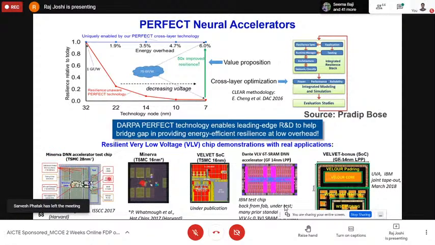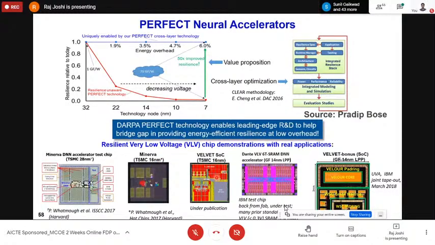Along that line, several chips were fabricated. This was the Minerva chip from Harvard. We collaborated with Harvard, and then there was another version of the Minerva chip, which was handling these DNN networks and trying to show how low power can be achieved using that.